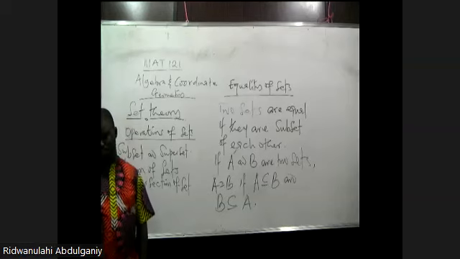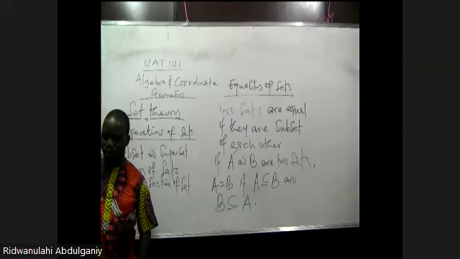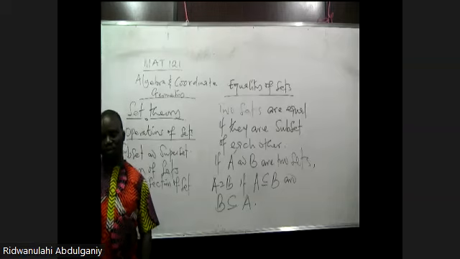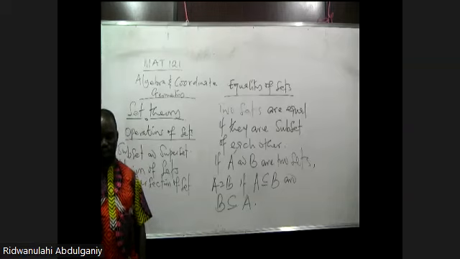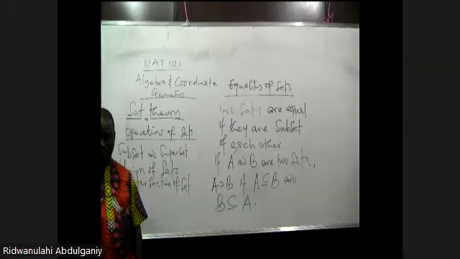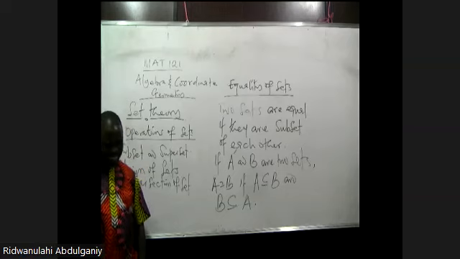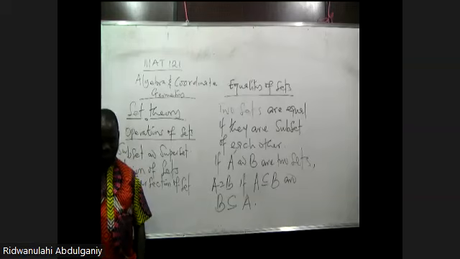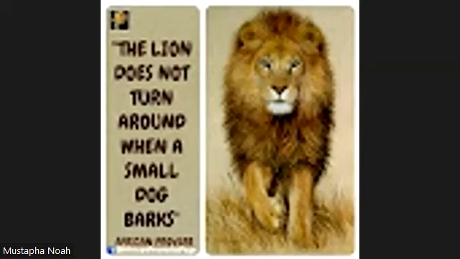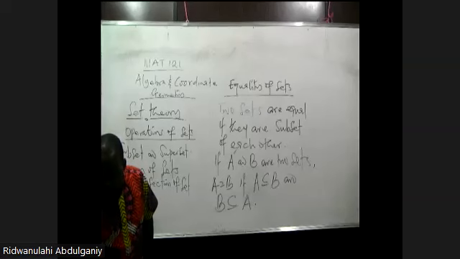Of course, it is correct. Only that you are using tautology, because the moment they are subsets of each other, they contain the same elements, not the same number of elements, the same elements. Okay, so thank you, sir. Thank you, Noah. Yes, sir.